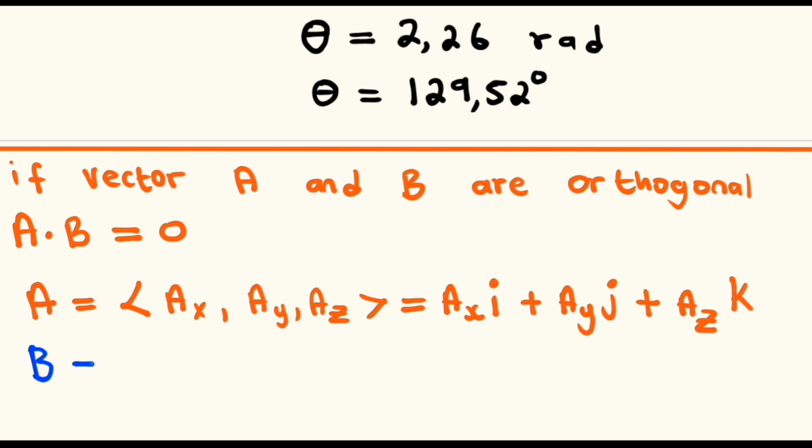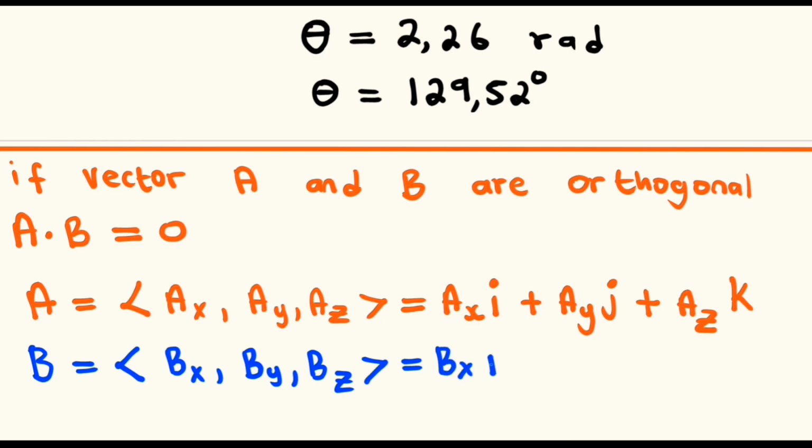In the same way, vector B in vector component notation, B subscript x, B subscript y, and B subscript z, is equal to the unit vector notation B subscript x multiplied by i plus B subscript y multiplied by j plus B subscript z multiplied by k.